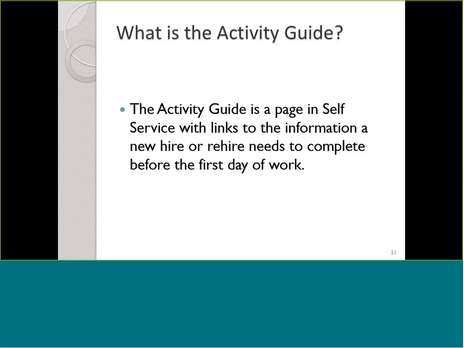We talked a little bit about Activity Guide a couple times while we were looking at Manage Hires, and you're probably wondering, well, what is this Activity Guide? Activity Guide is a new page in self-service with links for the new employee or rehire to walk them through all the information they need to complete before that first day of work.